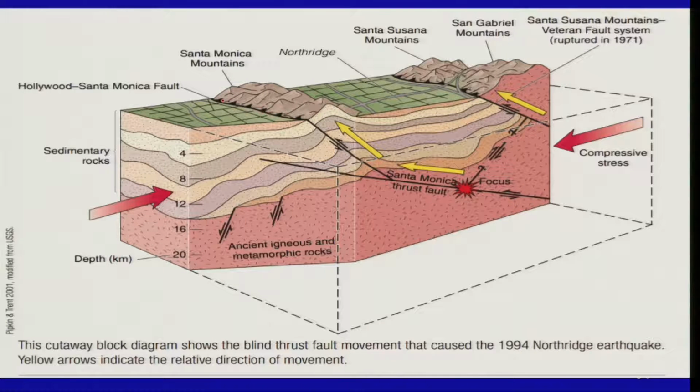So if you are going to put any lifeline structure on this part, you have to be extremely careful in understanding the amount and type of displacement that will take place along this fault, whether it is a thrust fault, a normal fault or a strike slip fault. This is extremely important.